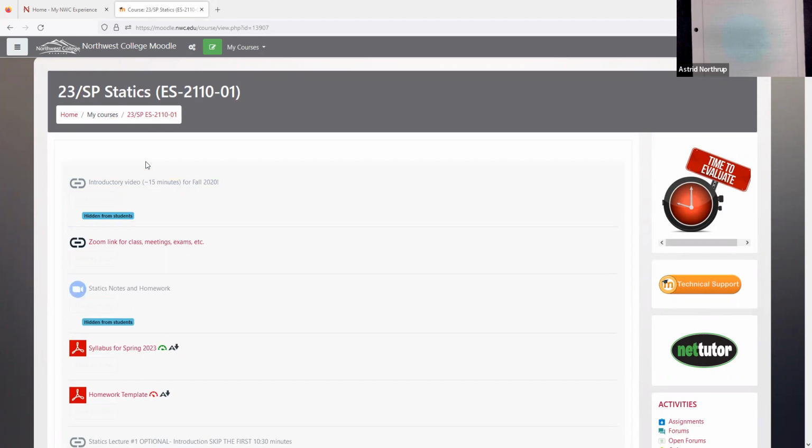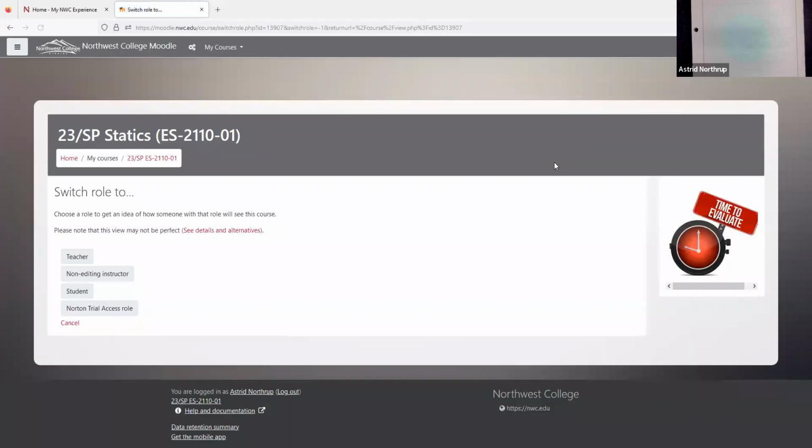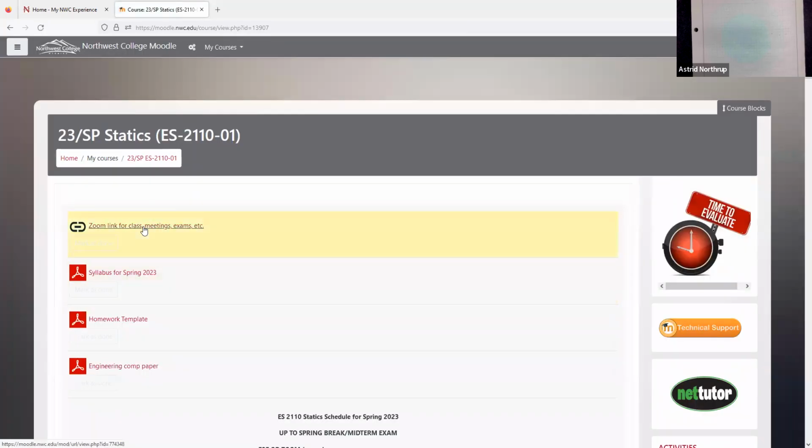But in any case, whenever you want to link into this class, just use this. I'm going to turn this over to the student role because my page looks a little bit more complicated than yours, because I have a bunch of hidden stuff. So I'm just going to trade this out. But whenever you want to get into this class, go ahead and link in through this.